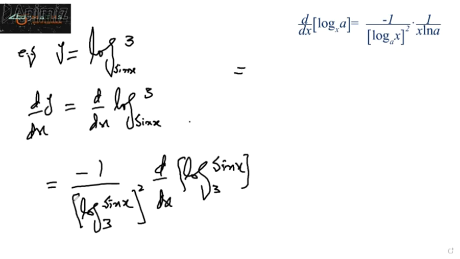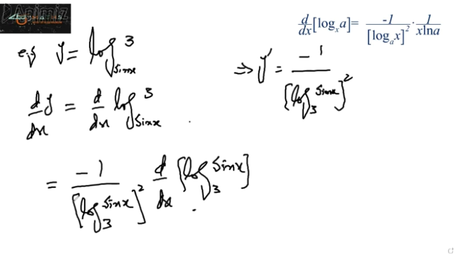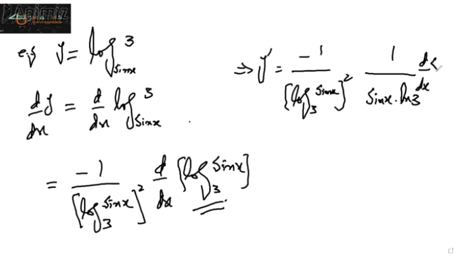So if we continue, this gives y prime is equal to negative 1 divided by log of sine x to the base 3 whole squared, and then the derivative of this function, which is simple, that is 1 over sine x along with the natural log of 3, and then we will take the derivative of sine x, which is quite clear.